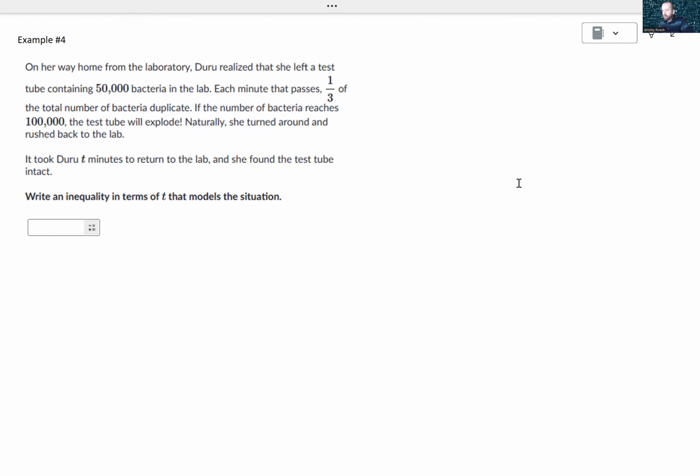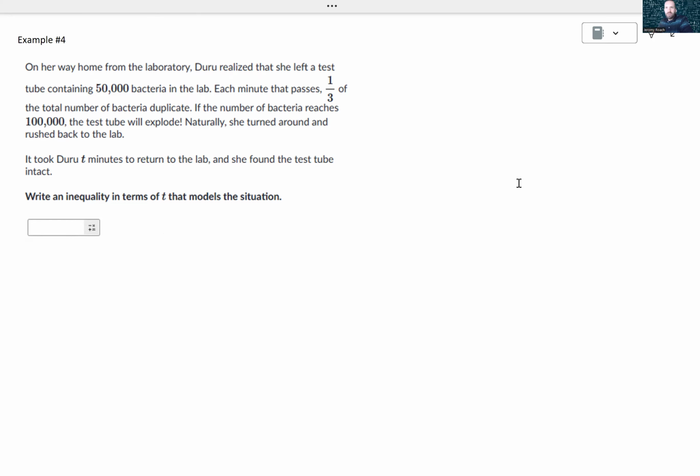If the number of bacteria reaches 100,000, the test tube will explode. So naturally, she turned around and rushed back to the lab. It took her T minutes to return to the lab, and she found the test tube intact, so it didn't explode. We want to write an inequality in terms of T that models the situation.